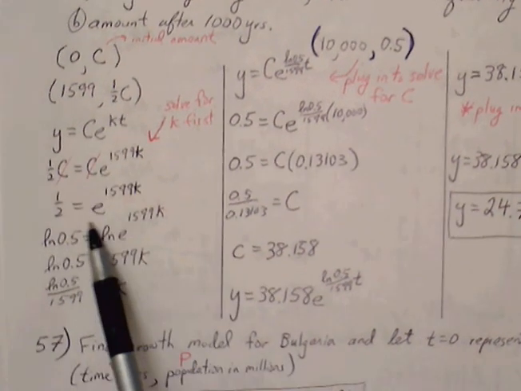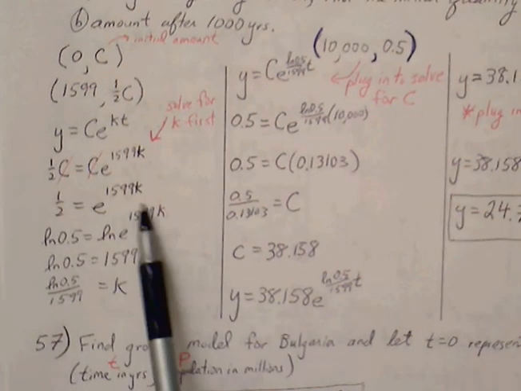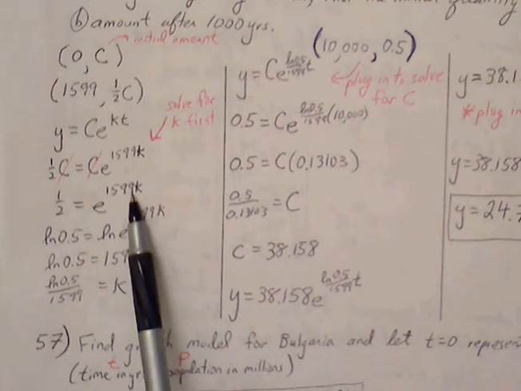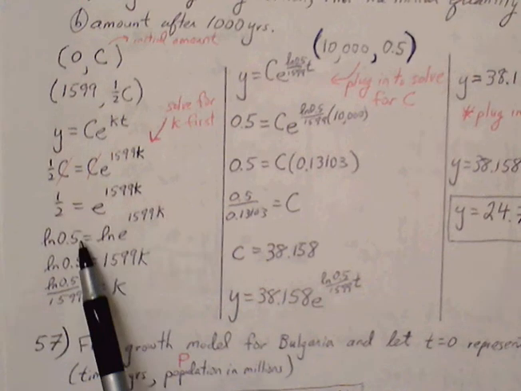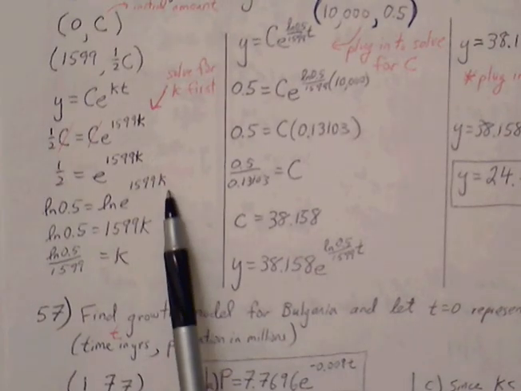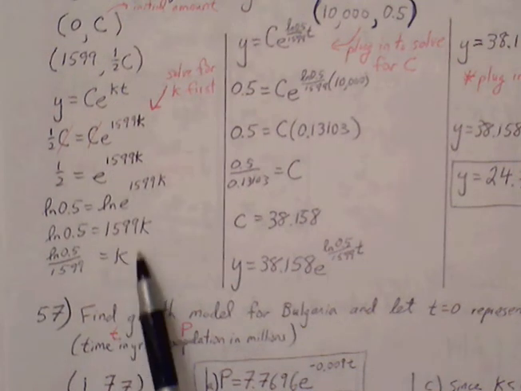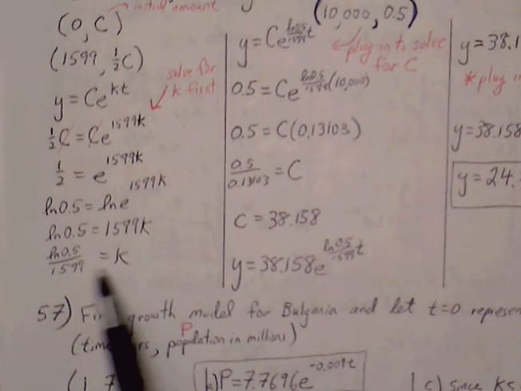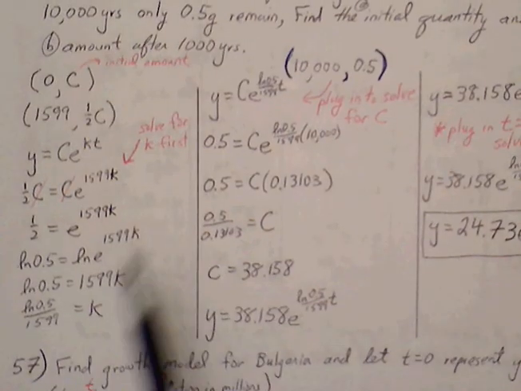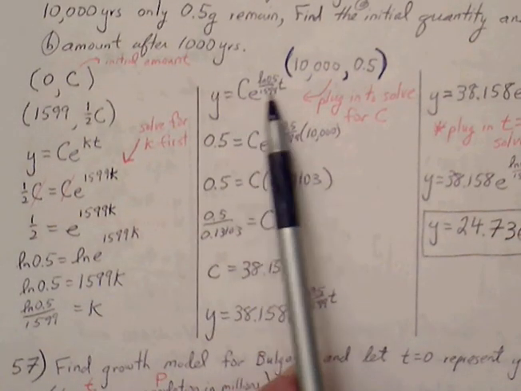We're left with 1/2 is equal to e to the 1599k. We want to bring this k down from the exponent form, so take the natural log of both sides and bring the 1599k in front, divide both sides by 1599, so we have our k value. Once we have our k value, then we can write our solution.